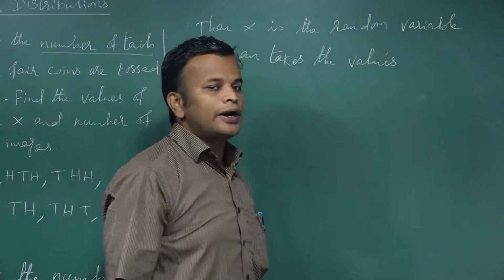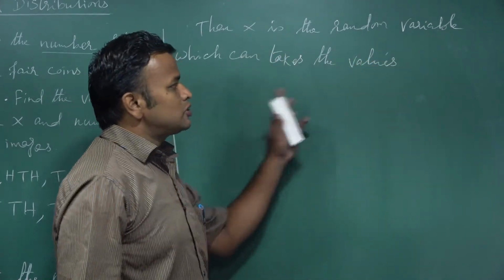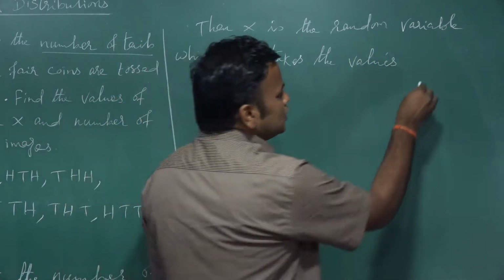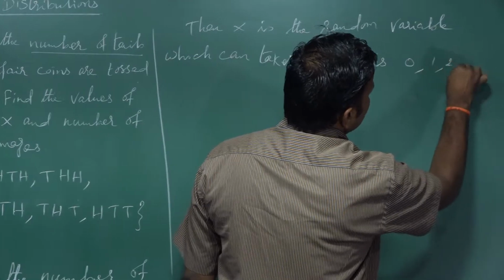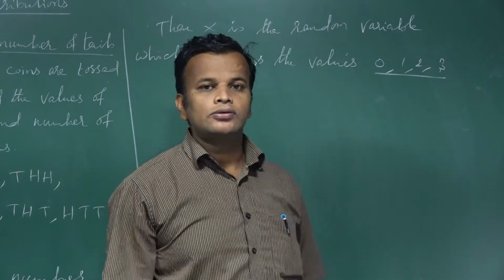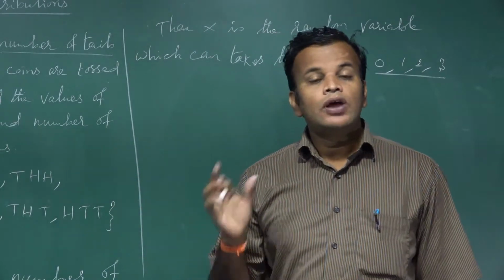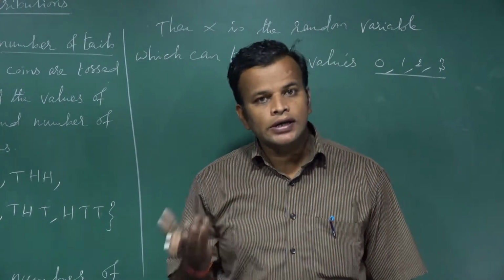The values of the random variable are very, very important. Then this x random variable can take the values 0, 1, 2, 3. We must understand how we get 0, 1, 2, 3. We tossed how many coins? 3 coins. We assume x is the number of tails.